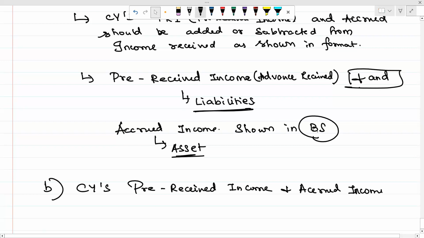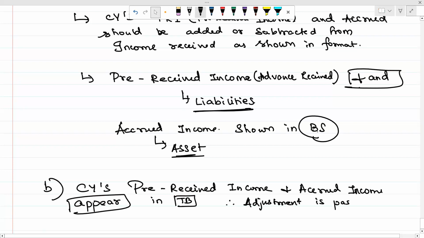Suppose they appear in the trial balance. That means the adjustment entries are already passed.